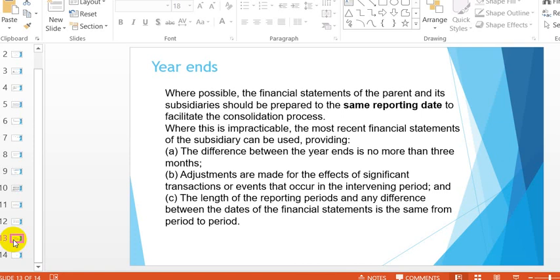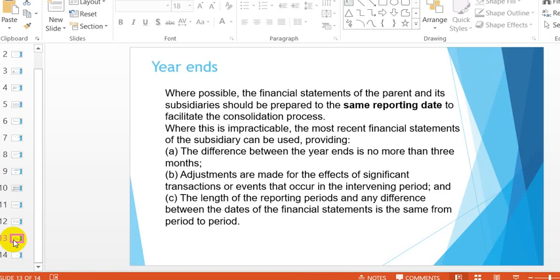Also, adjustments are made for the effect of significant transactions or events that occur in the intervening periods. So any significant transactions or events must be adjusted for.